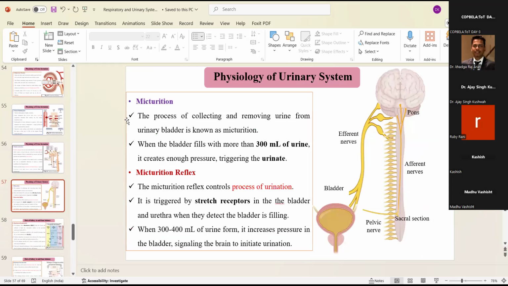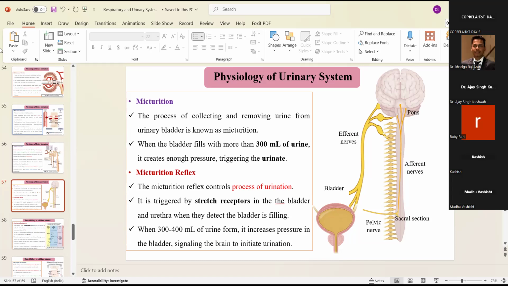Next, important is micturition, the process of removing urine from the urinary bladder, known as the micturition process. When our bladder fills with about 300 ml of urine, it creates some pressure, and that activates the sacral section of our spinal cord.